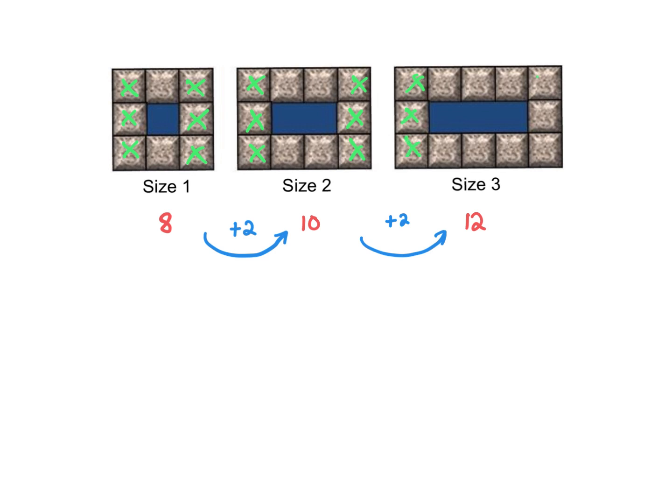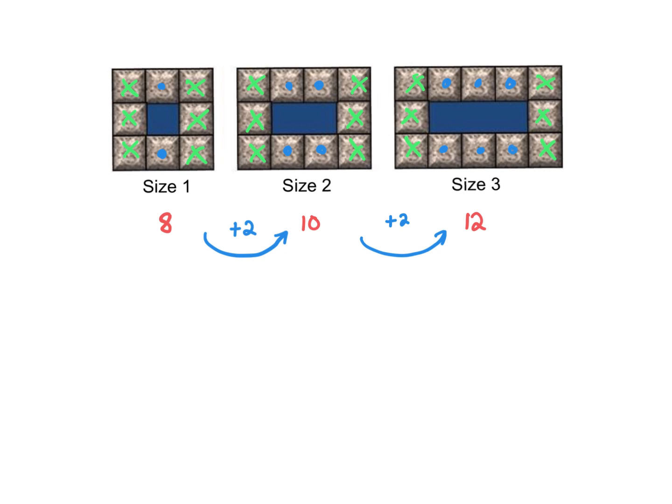And then I just make the middle bigger every time. So in my first one, I have 2 on the sides. In size 2, I have 4 on the side. Size 3, I have 6 on the side.